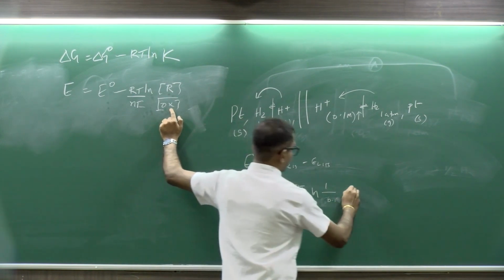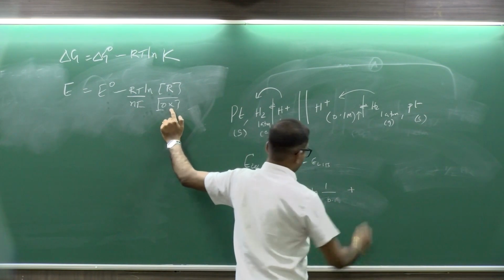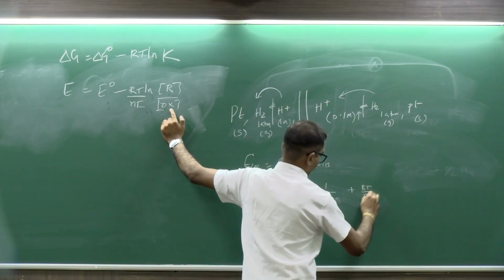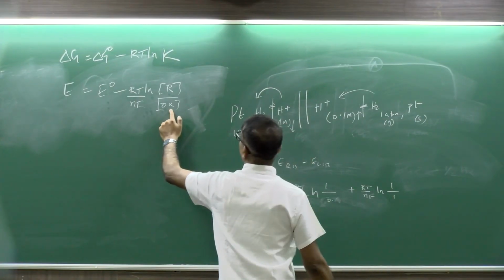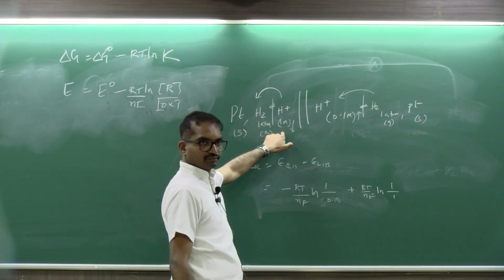And then minus of minus becomes plus RT by nF ln 1 by 1, correct? Because the concentration is 1.